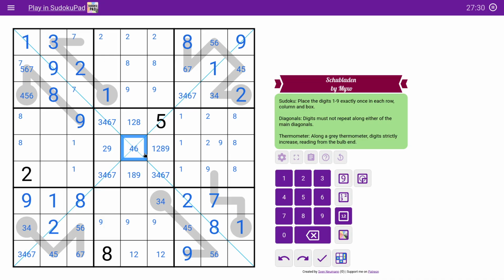Impossible. So, no 7. I think that holds up with this one too, right? 7, 7, 7, impossible. So one of these is 7. So this has to be 4, 5, 6.